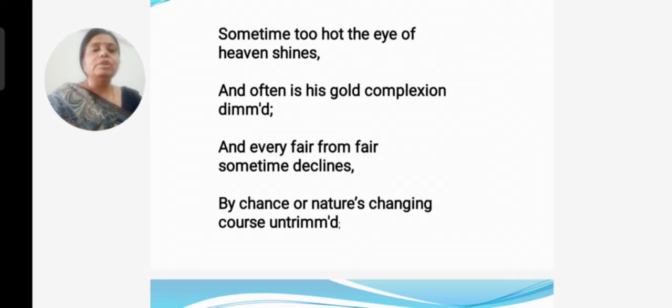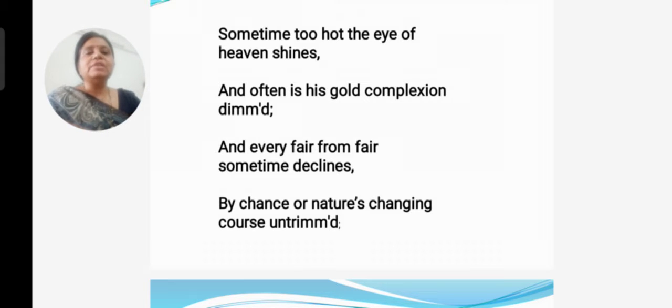The sun has a gold complexion. The sun is beautiful during the summers, but his gold complexion is dimmed by two reasons, by clouds and by eclipses. But the beauty of the fair youth is ever young.